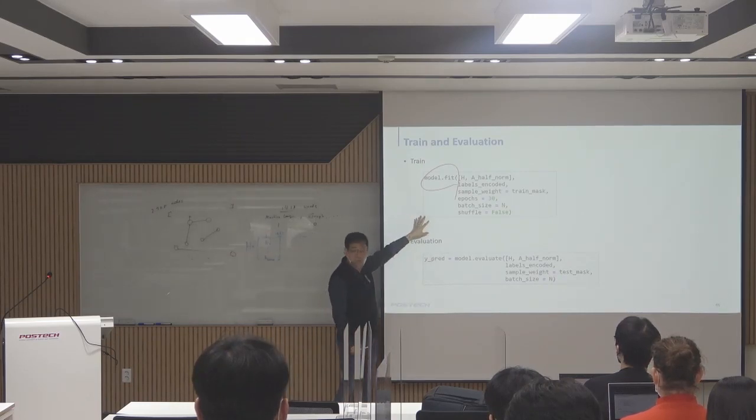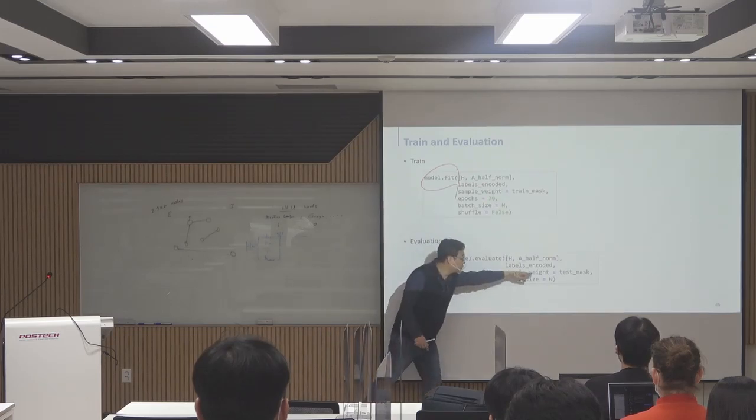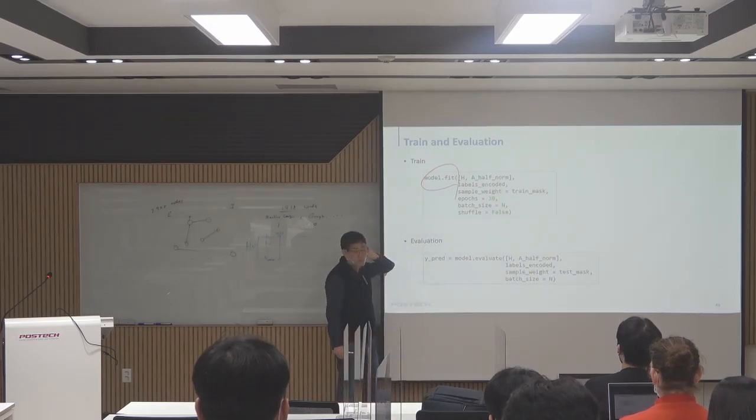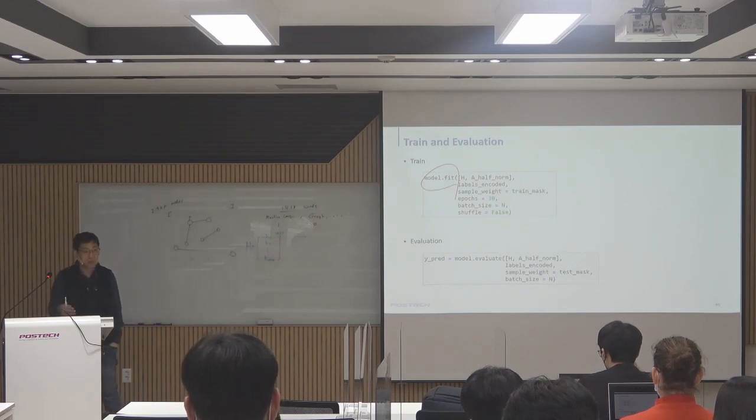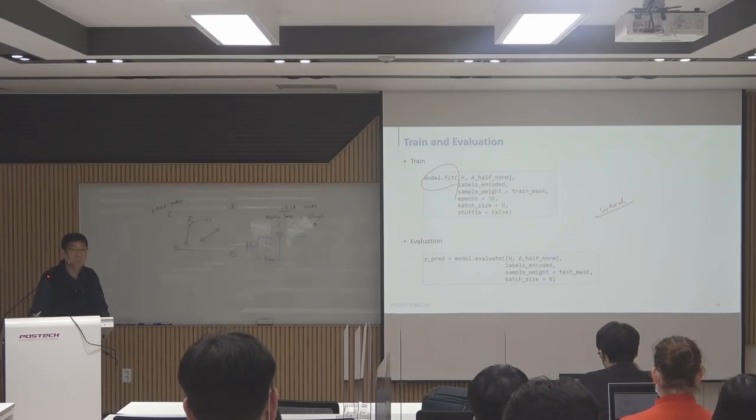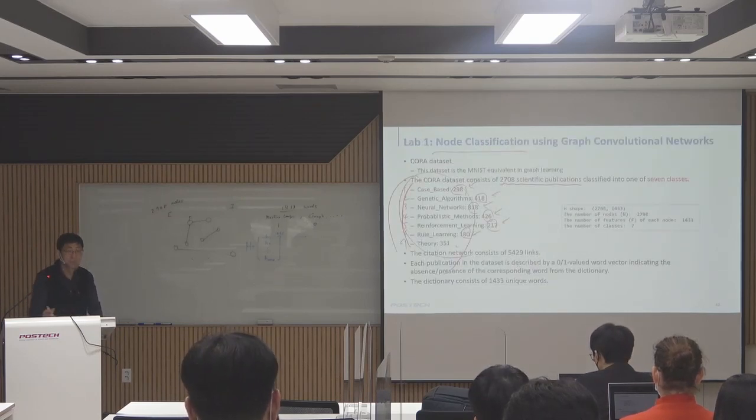Once we're done with the training process, we have a new data set, then we evaluate it. The model makes predictions about what class each paper belongs to, based on the words inside that paper.